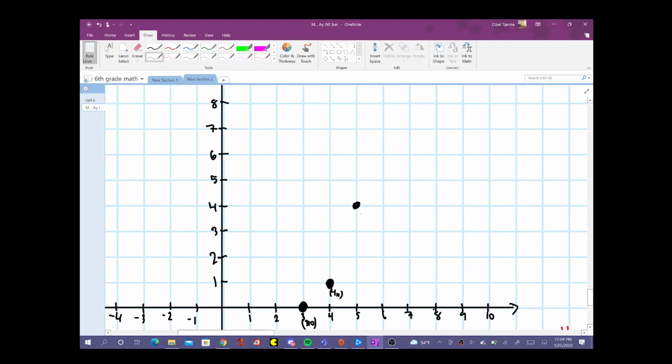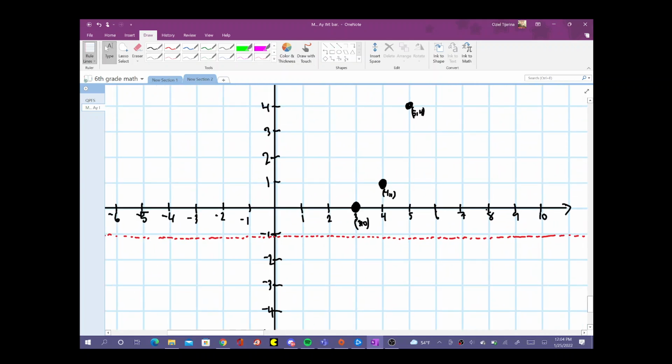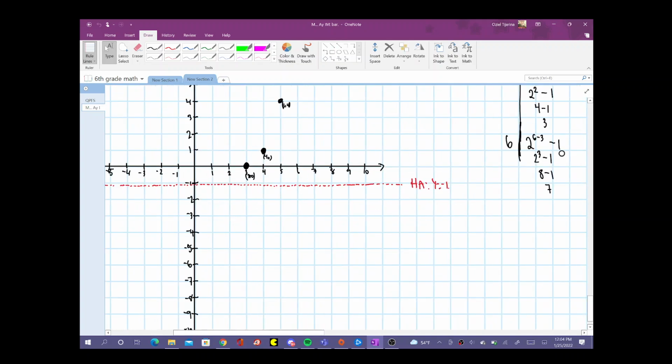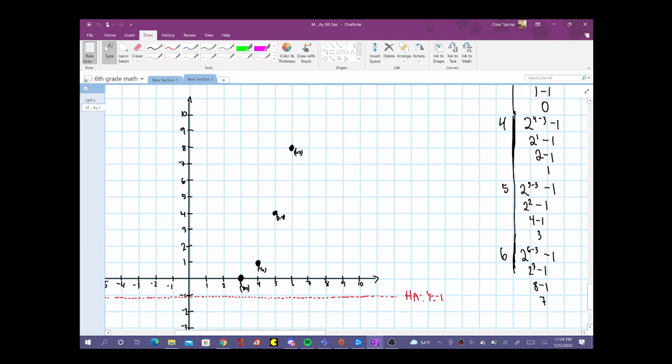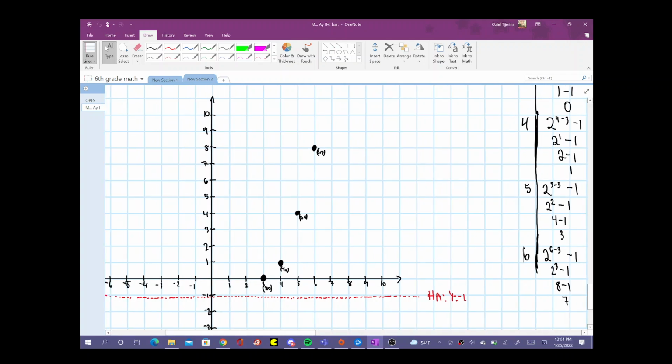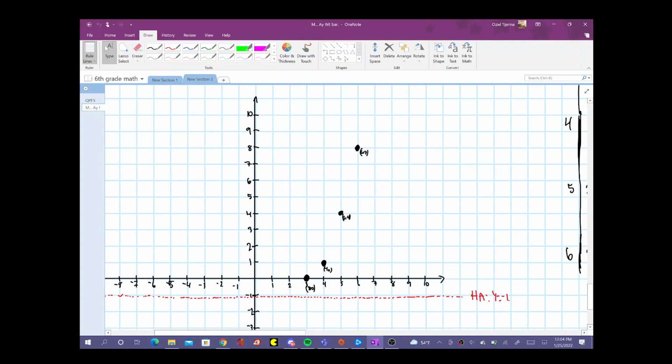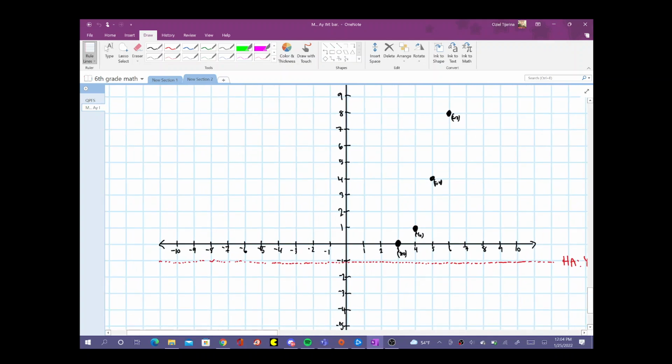So this is (5, 3), and then this one is going to be at (6, 7). Right? And like I said, we know that our horizontal asymptote is at y = -1. You can plot more points if you want, but I think that would be it for this one, because if I do 7, it's going to go even higher than 10.